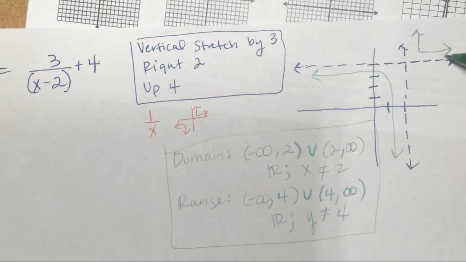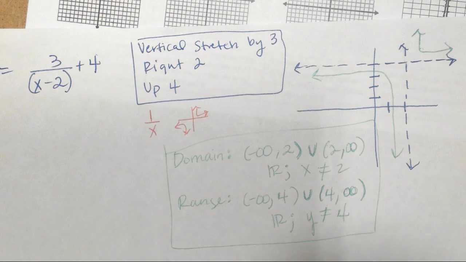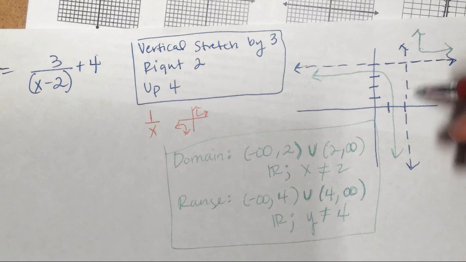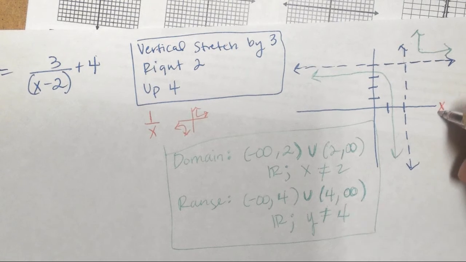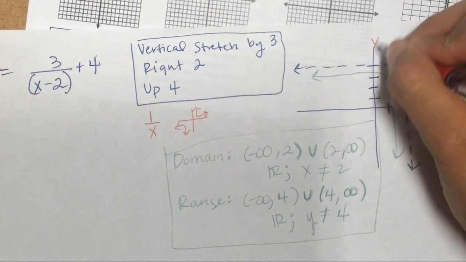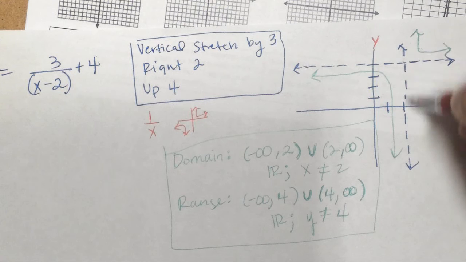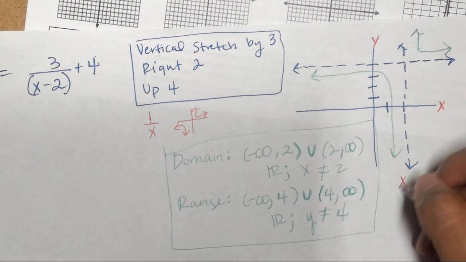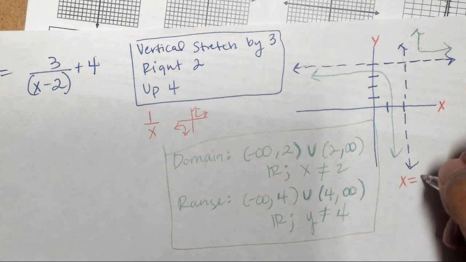Alright, so now we've got to list our vertical and horizontal asymptotes. Here it's kind of tricky. You have to be careful, guys. For our vertical asymptote, that's this guy here, right? He's vertical. It's what he crosses. So this is my x-axis, and this is my y-axis, right? So this line crosses the x-axis. That's how I know this is going to be x equals 2.